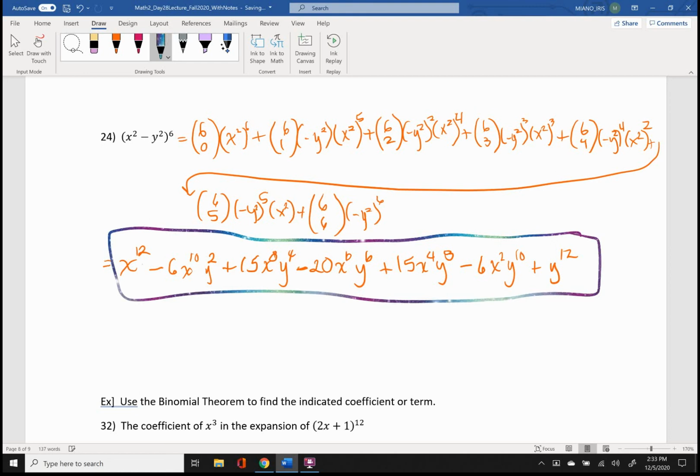So I never recommend that you try and do the binomial theorem straight from what's given to you to the final answer. You really need to write down, in my opinion, and everybody's brain works differently, and if you can capture all of this in your brain effectively and write down the final answer right away while doing your work, kudos to you. I can't do it.